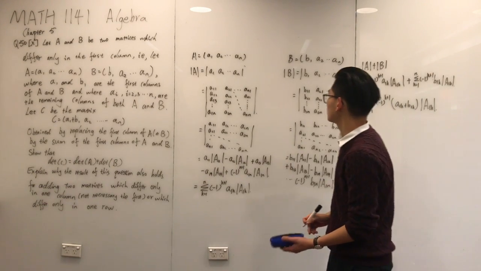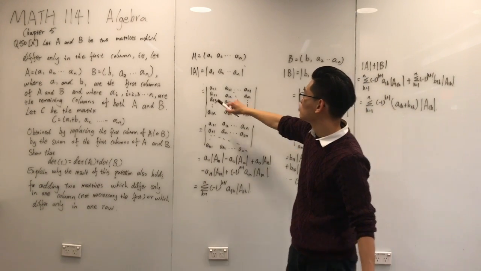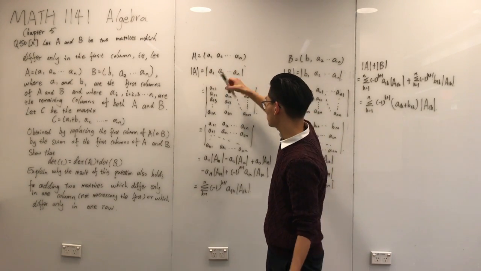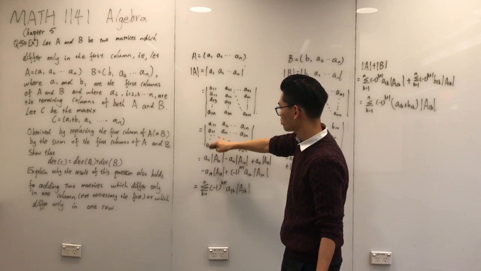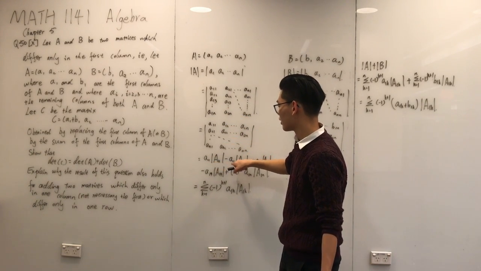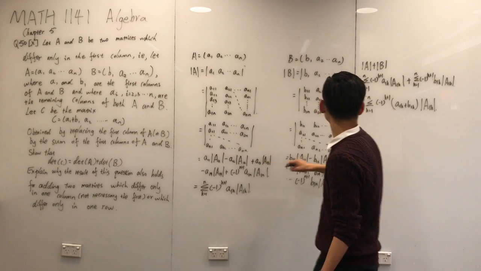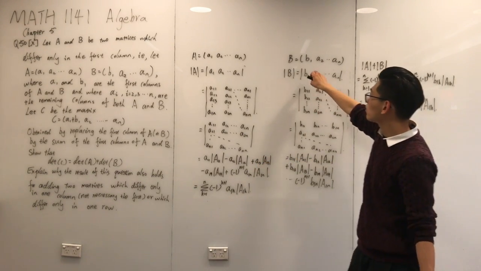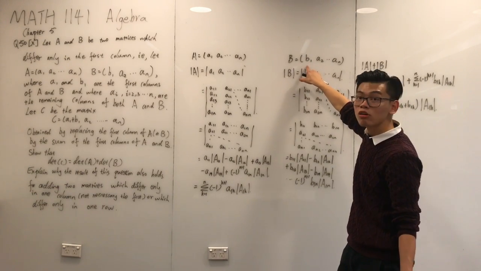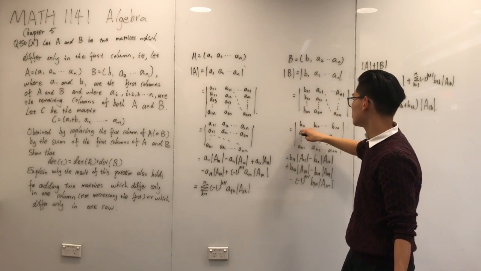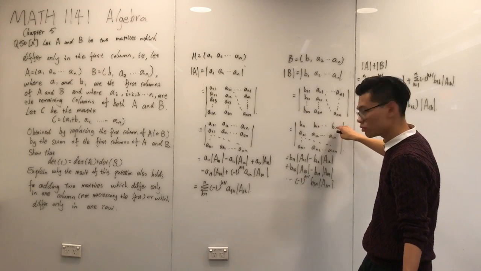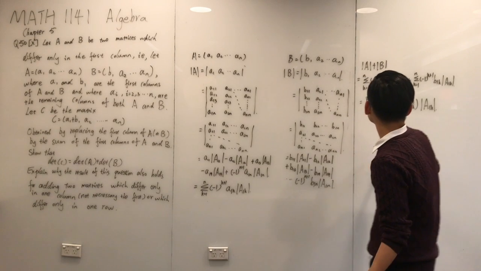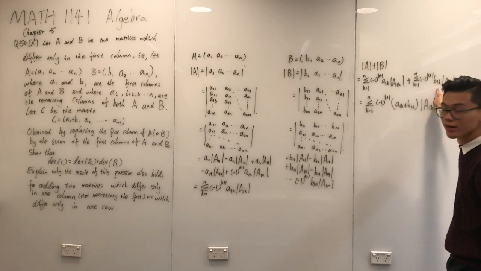Why? Because for the determinant of matrix A, if we have A1 in the first column, we are going to have A11, A12, A13 in the first row, so the sum of A1k in front. If we have B1 in the first column, we are going to have B11, B12 to B1n in the first row, so B1k here.